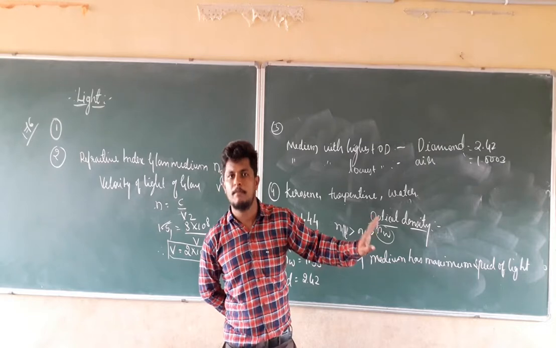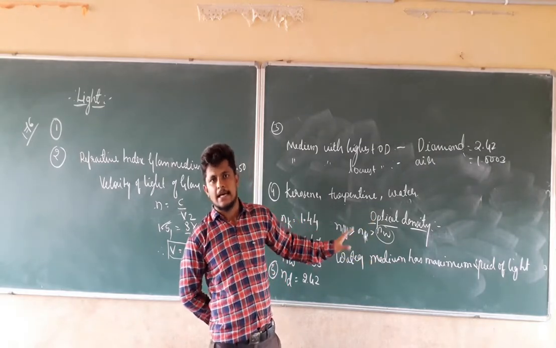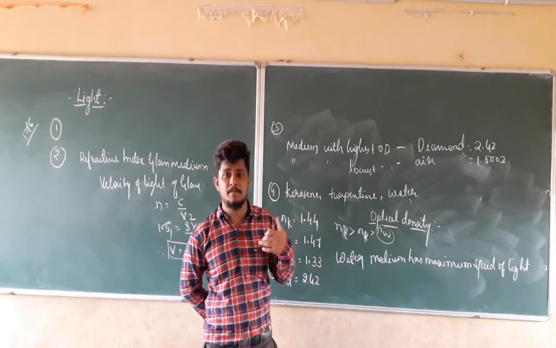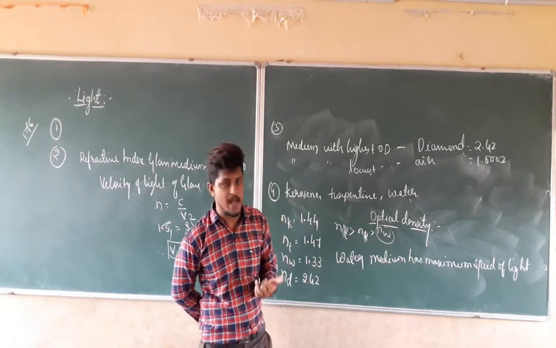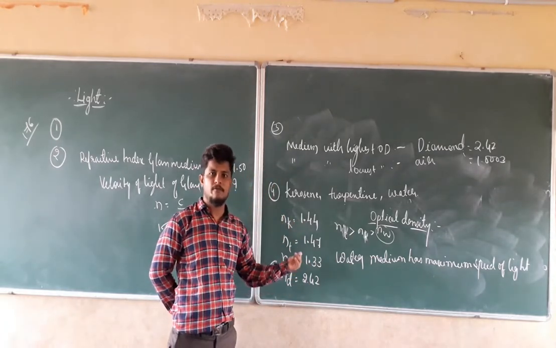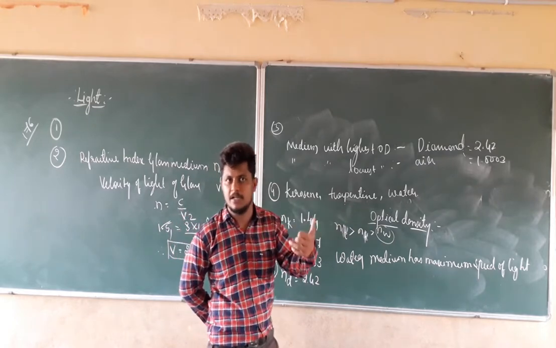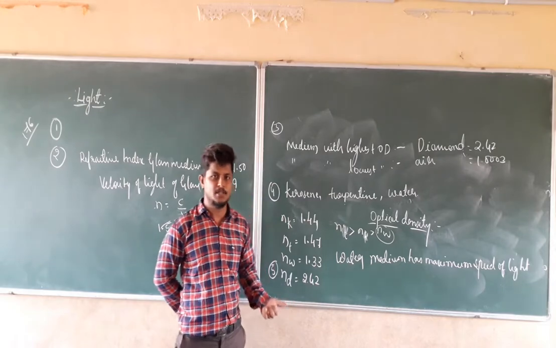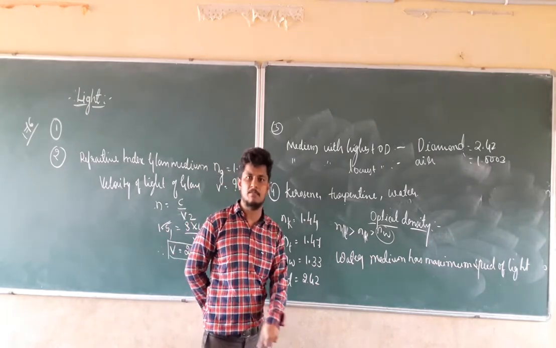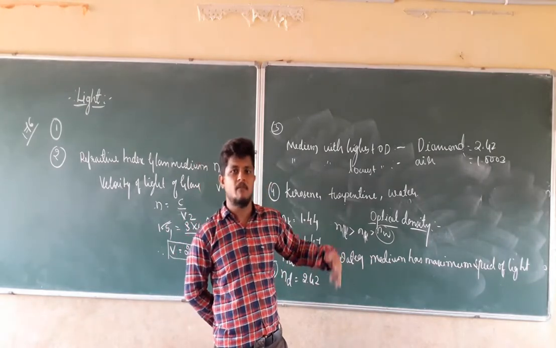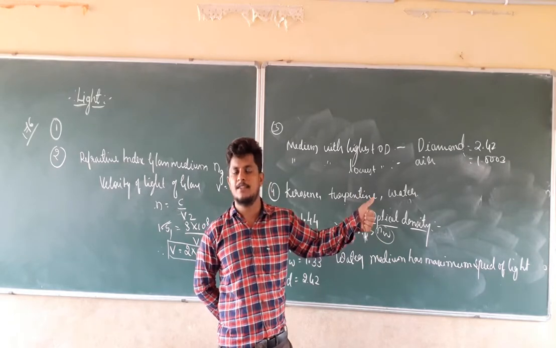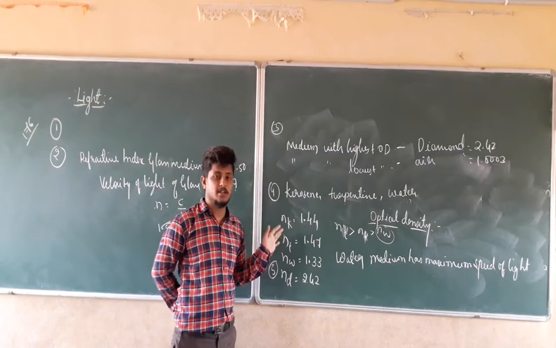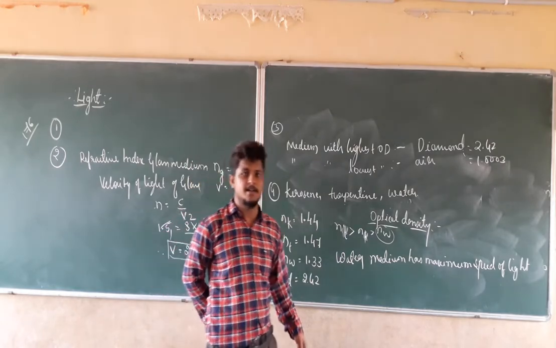Or you can say that the sine of the angle of incidence to the sine of the angle of refraction is equal to 2.42 in the diamond medium. In this way you can write the answers.